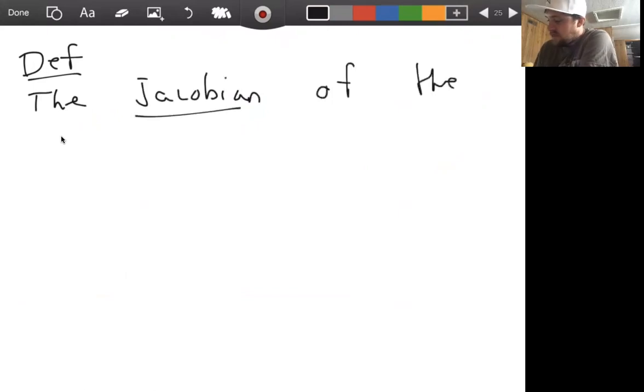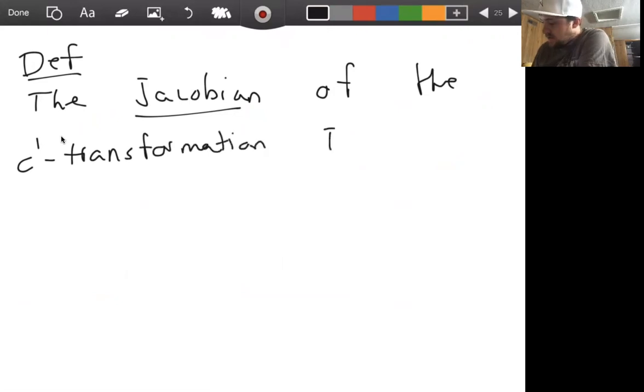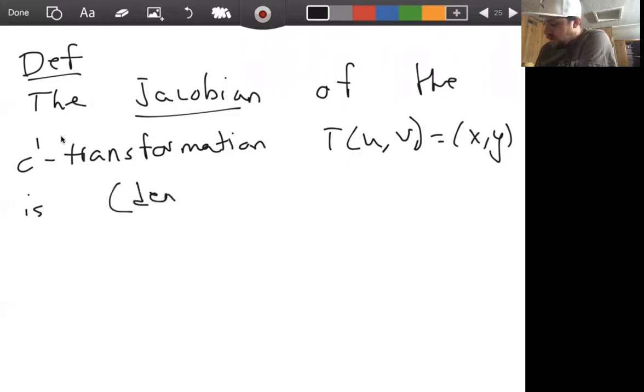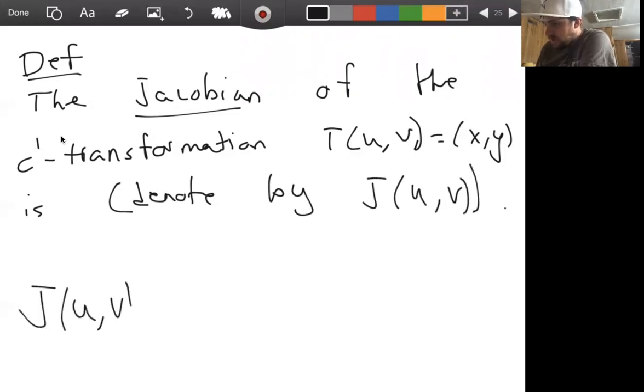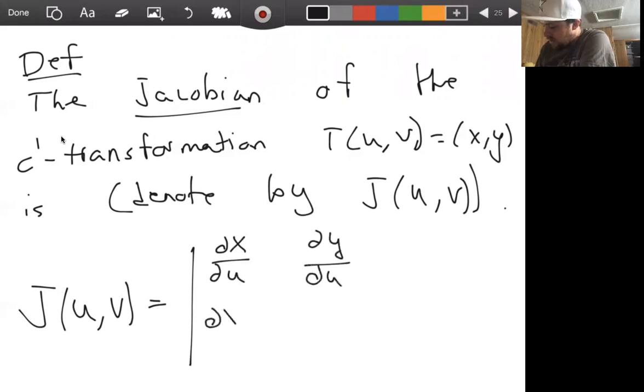So, definition: the Jacobian of the C1 transformation T of uv equals xy is, and we'll denote it by the Jacobian in variables uv. And so we say J of uv is equal to the matrix dx du, dy du, dx dv, dy dv.